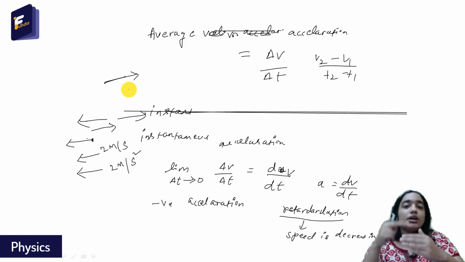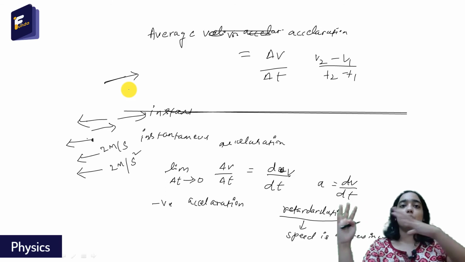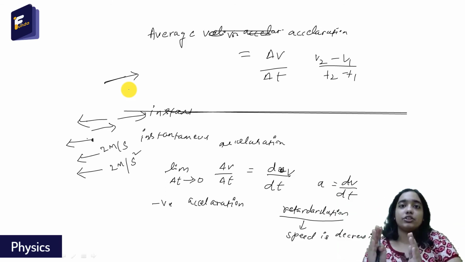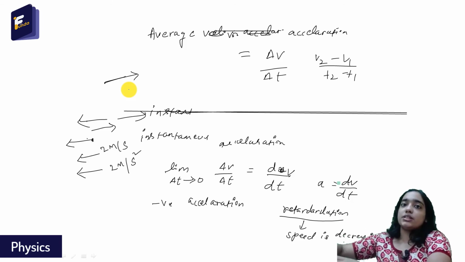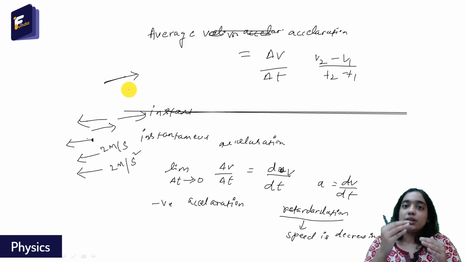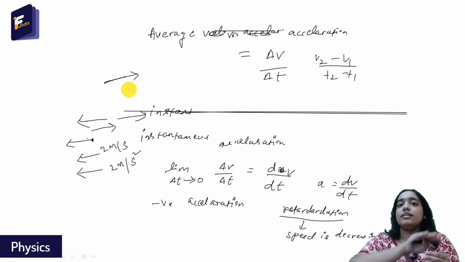If acceleration, which you can just imagine as a force, and the velocity are in the same direction, meaning in whichever direction the person is moving I am pushing that person in the same direction, then the speed of the particle will increase.